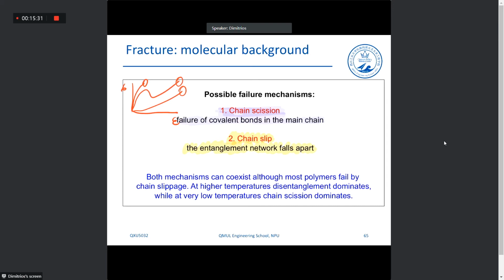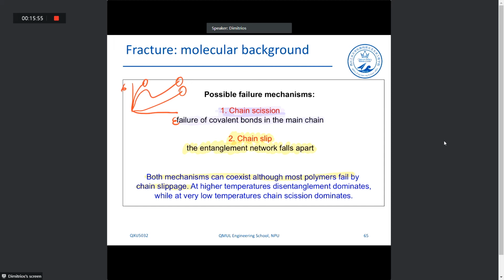Of course, if we increase the temperature, so we perform a tensile test under increased temperature, we have an activation of the segmental mobility of the chains. And because the chains are able to move more freely because they have this energy from temperature, entanglement dominates, okay?